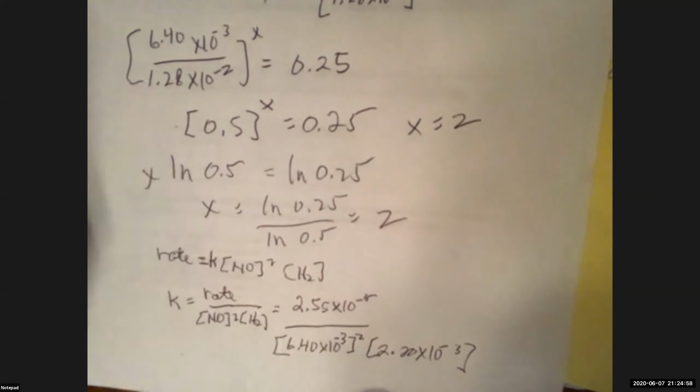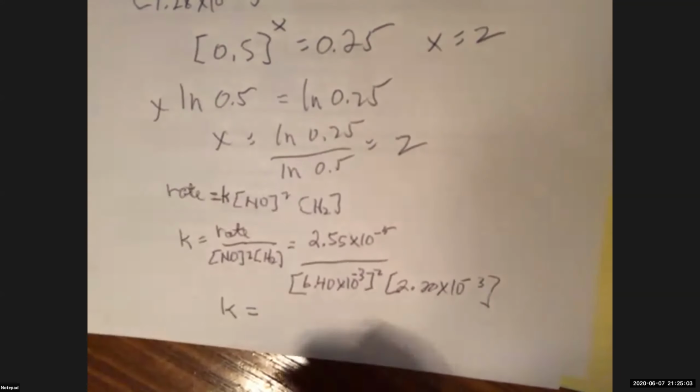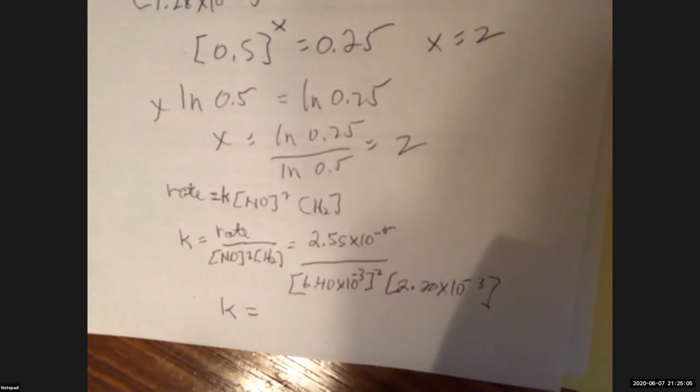So if we do that calculation, K is going to equal 2.55 E to the negative 5 divided by 6.4 E to the negative 3 squared, divided by 2.2 E to the negative 3.